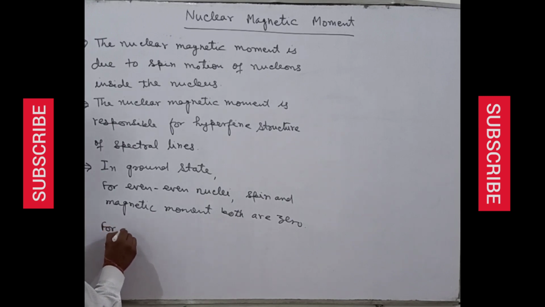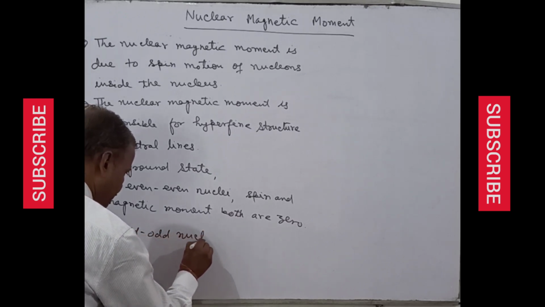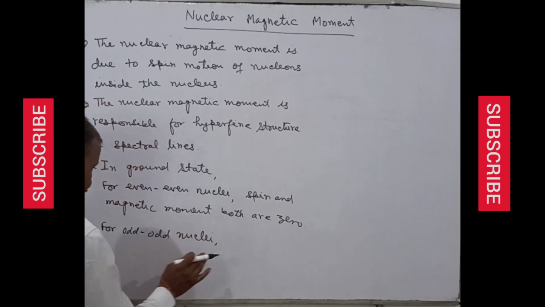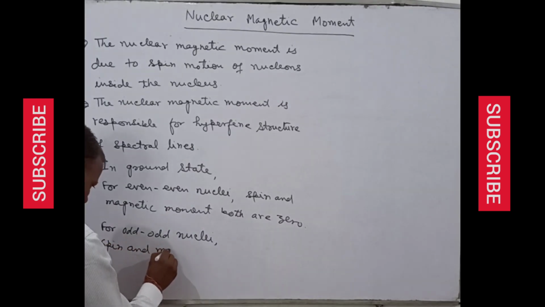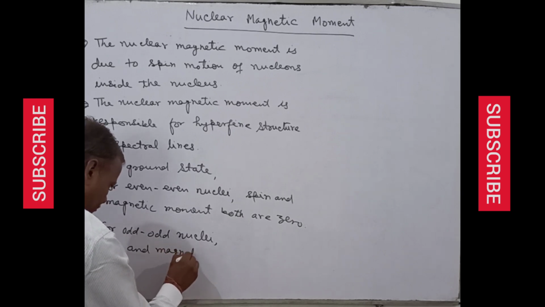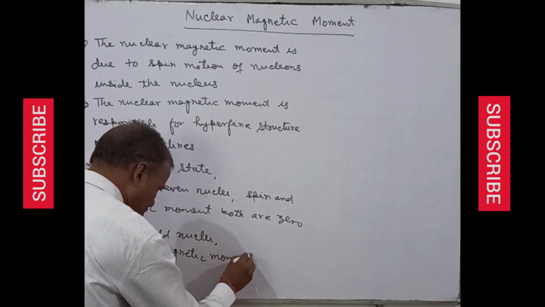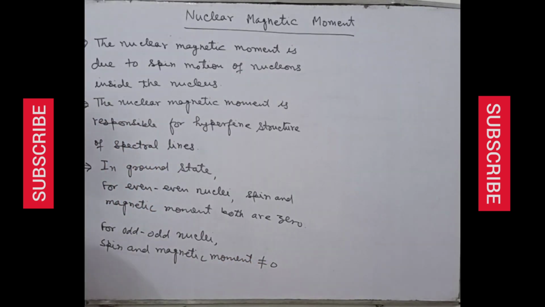For odd nuclei, spin and magnetic moment are not equal to 0.